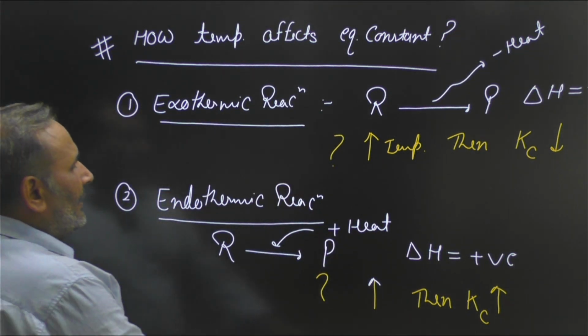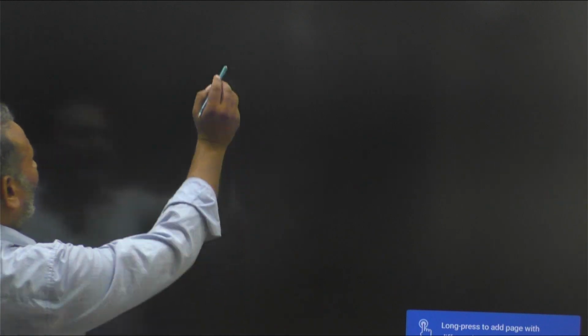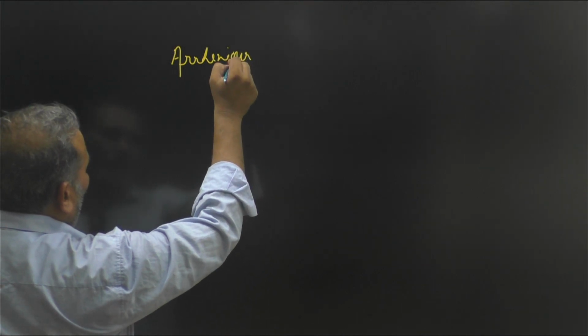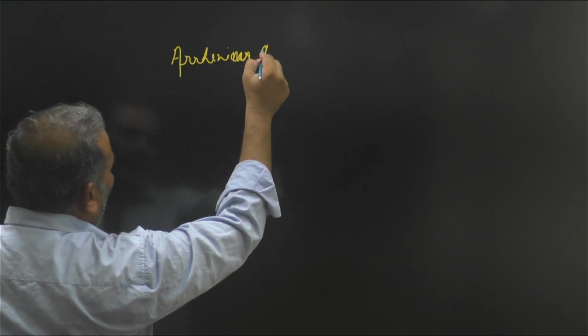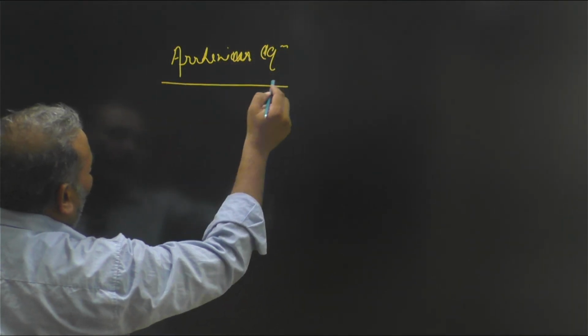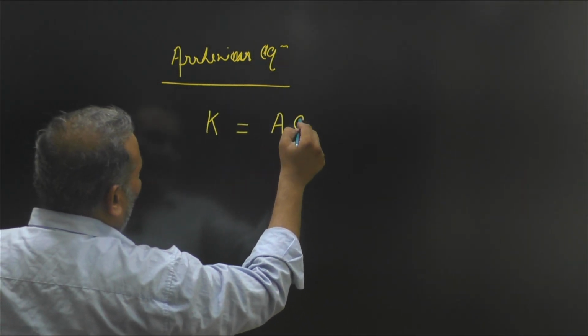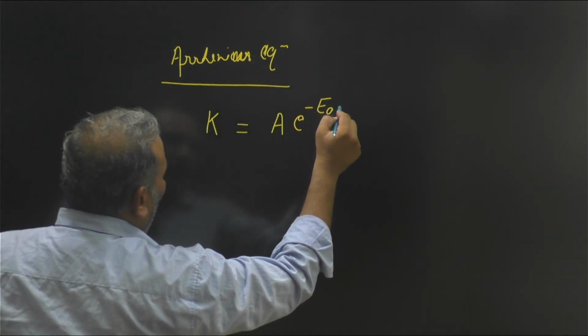Okay, let's understand. We have an equation, that is the Arrhenius equation. That is K, the rate constant, is equal to A e to the power minus Ea upon RT.